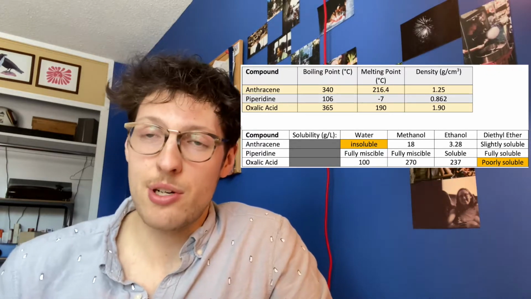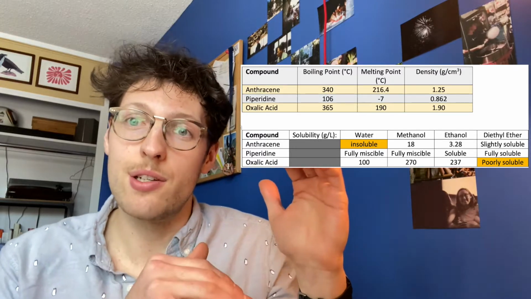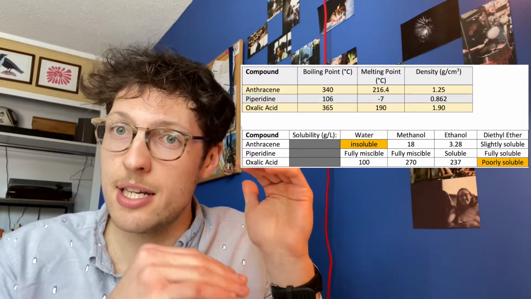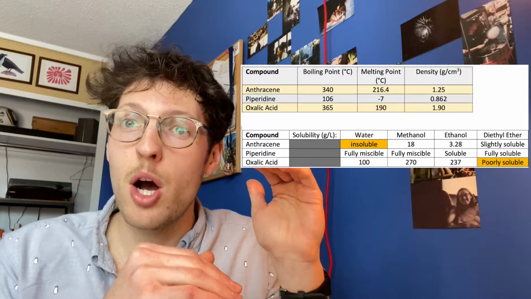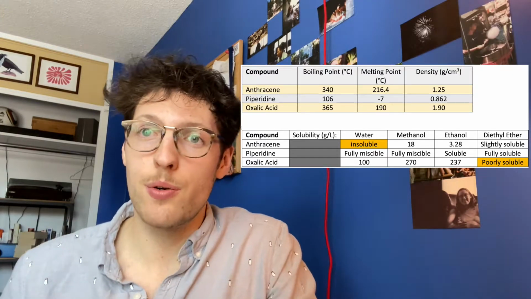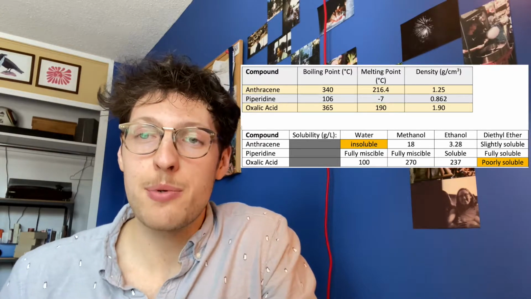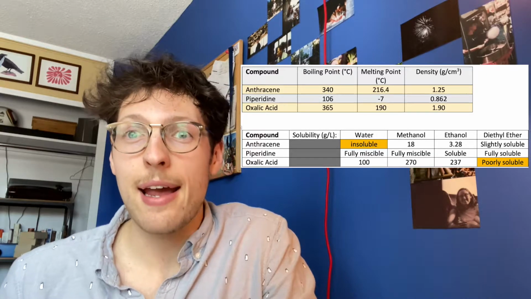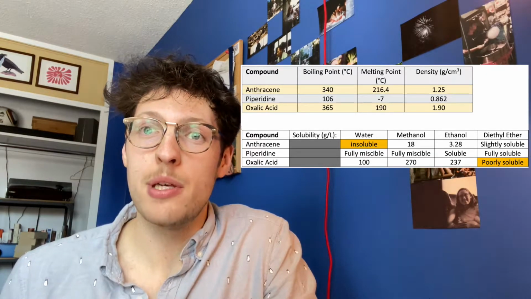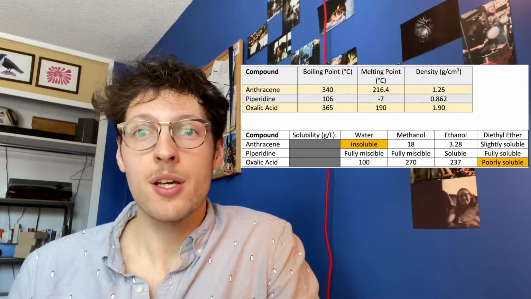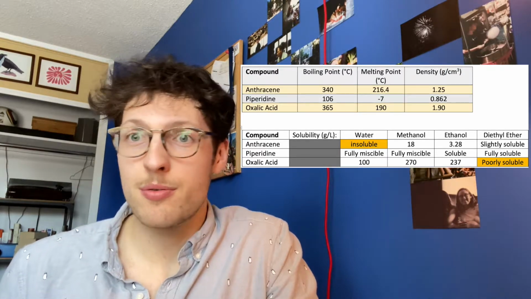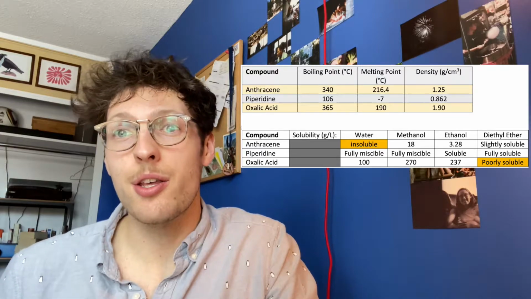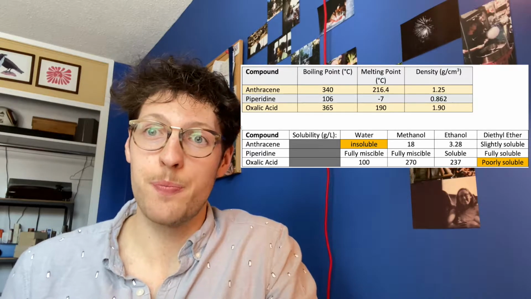The point of an extraction here is to have two immiscible layers, in which each one of your compounds resides. In this example, your piperidine will be in the organic layer, the diethyl ether, and your oxalic acid will be residing in the aqueous layer. By doing multiple small volume extractions, you can thereby isolate the two.